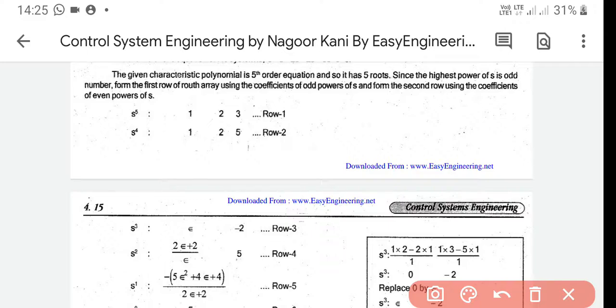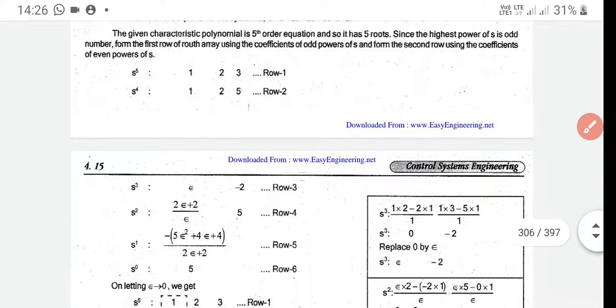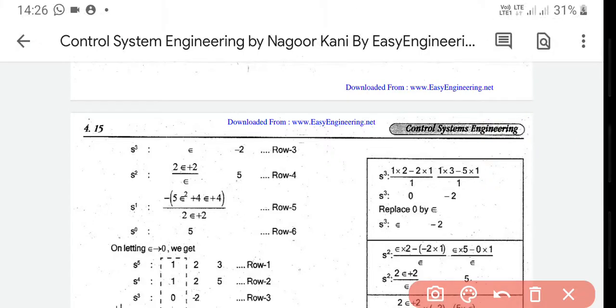Next element can be framed using 1 into 3 minus 5 into 1, divided by 1. You will get the second element. So what is the second element value? It is minus 2. Okay, so now the s^3 elements are 0 and minus 2.